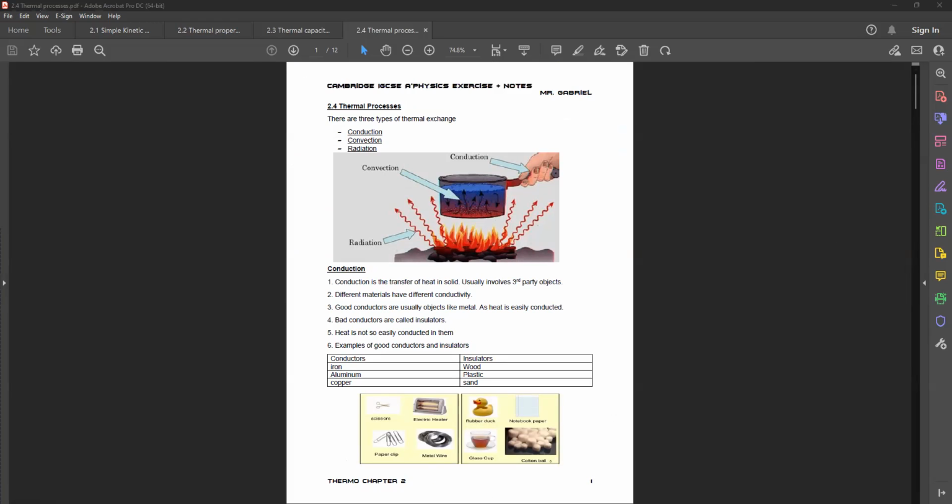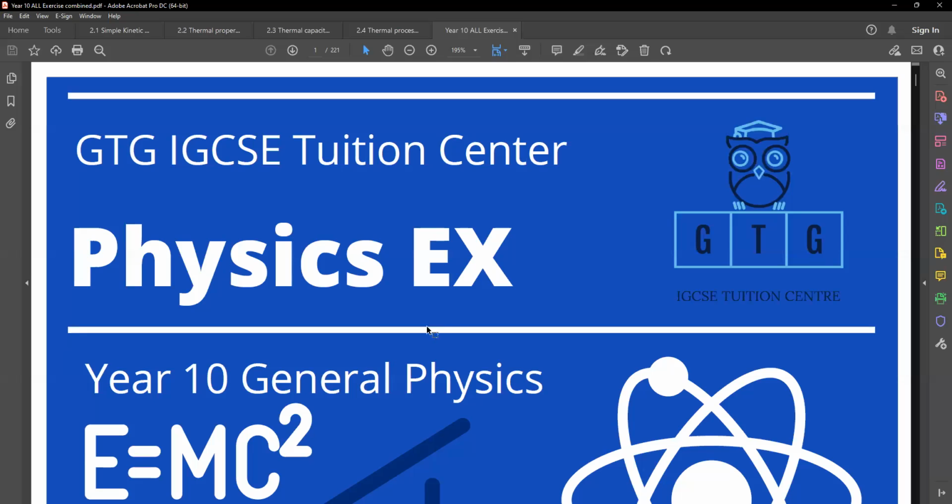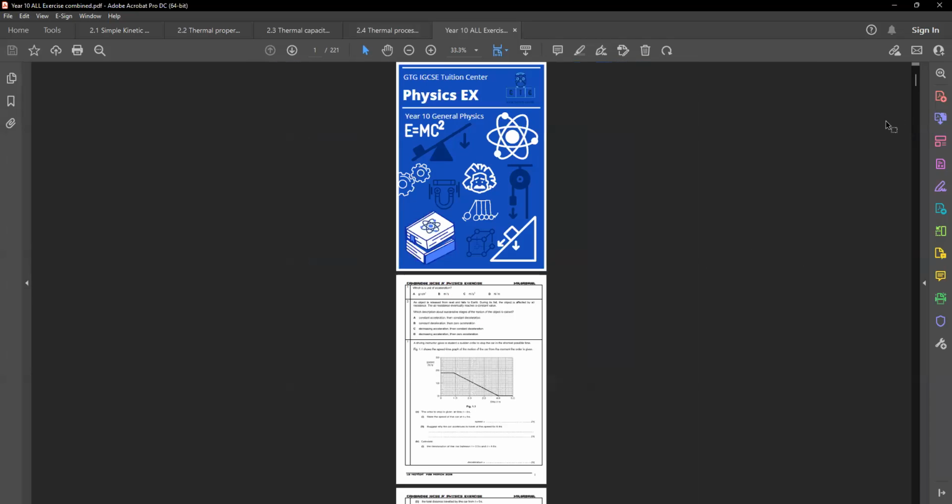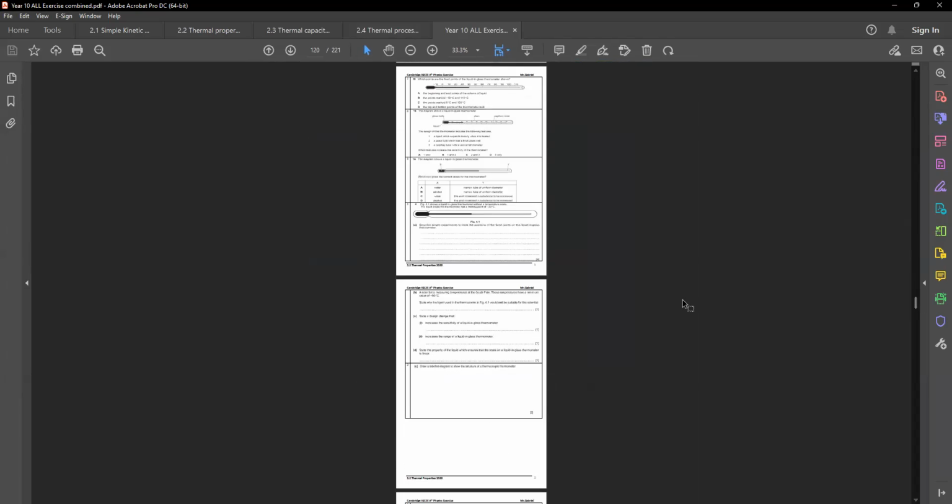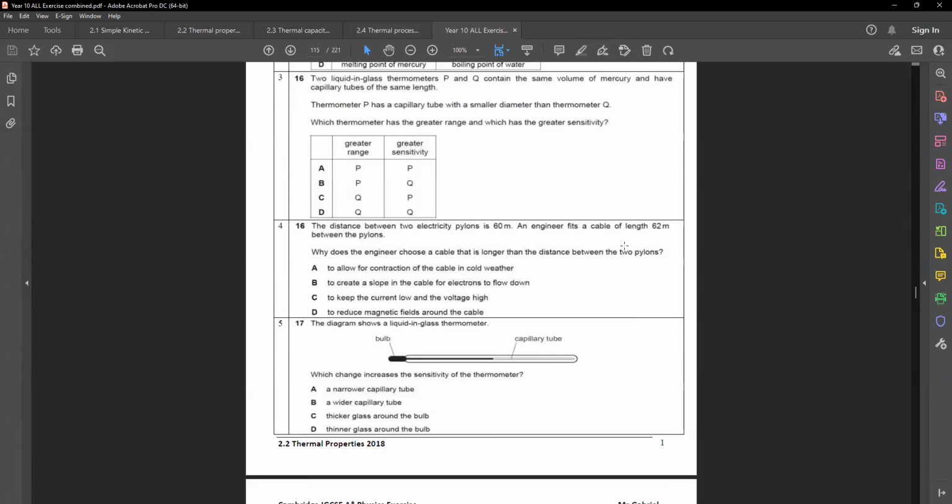If you look back into your exercise booklet over here, guys, where is it? Oh my god, wait up, let me find my books. Yeah, here. A hundred over pages. Let's select some questions to do together, right? Starting from 2.1.